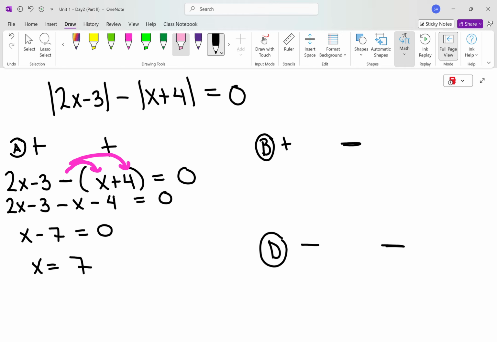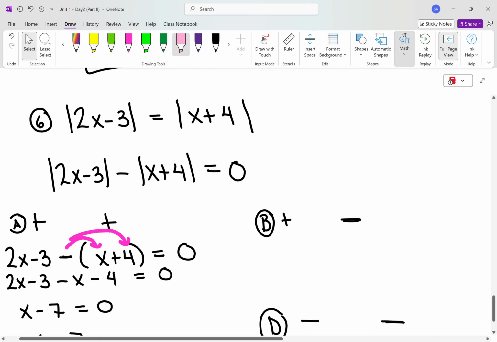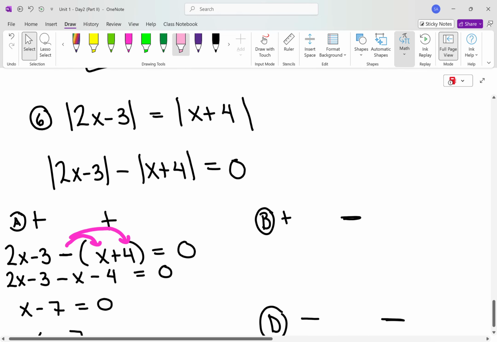Just because you get an answer does not mean that answer is correct. You will not know if that answer is correct until you plug in to the original to make sure that it holds true. So I'm going back to the original, not the one I moved. So back to the original, which is the absolute value of 2x minus 3 equals the absolute value of x plus 4.